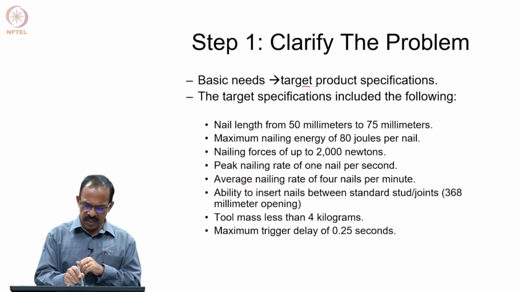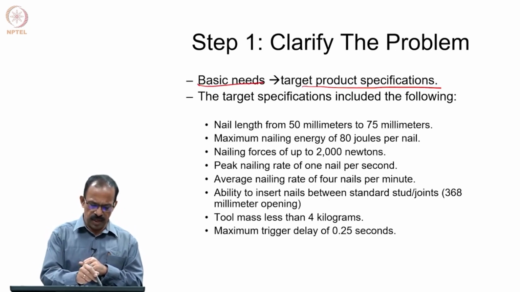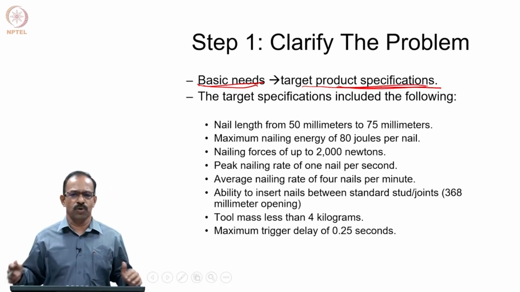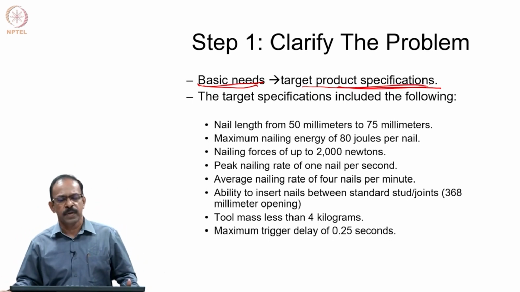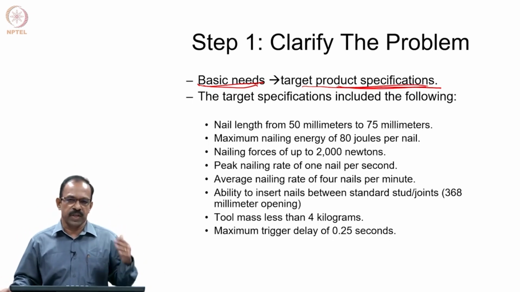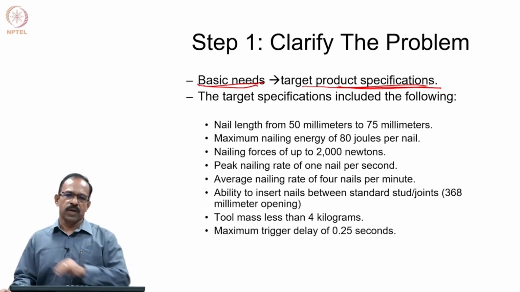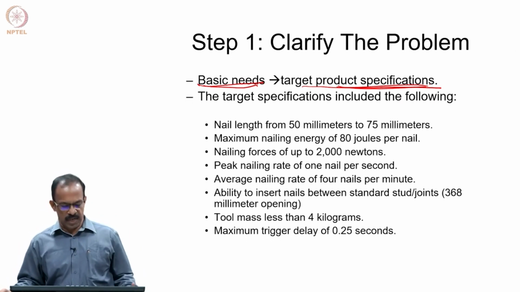So, what are the needs? The target product specification. We need to look at the needs and the product specification. Again, go back to our earlier slides. We talked about identifying the customer needs and then converting those subjective customer needs into objective specifications.